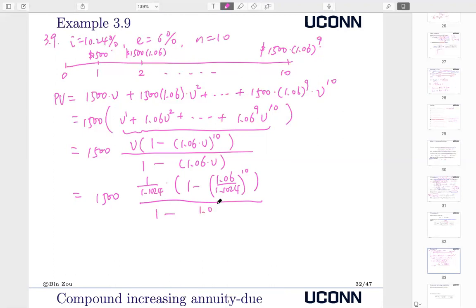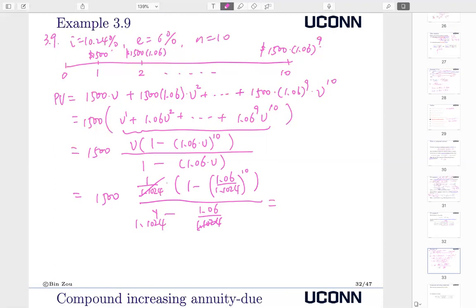One minus 1.06 divided by 1.1024. At this stage, you can multiply by the denominator, so it becomes 1.1024, and then you should be able to get the answer.